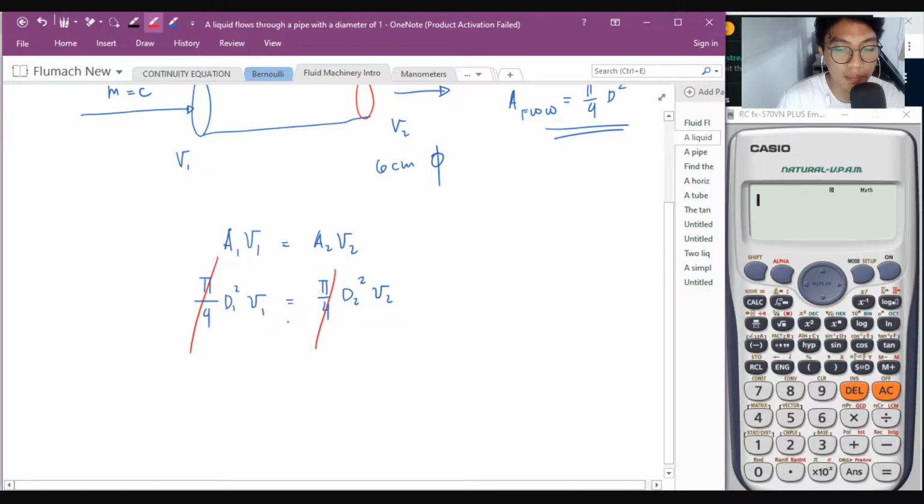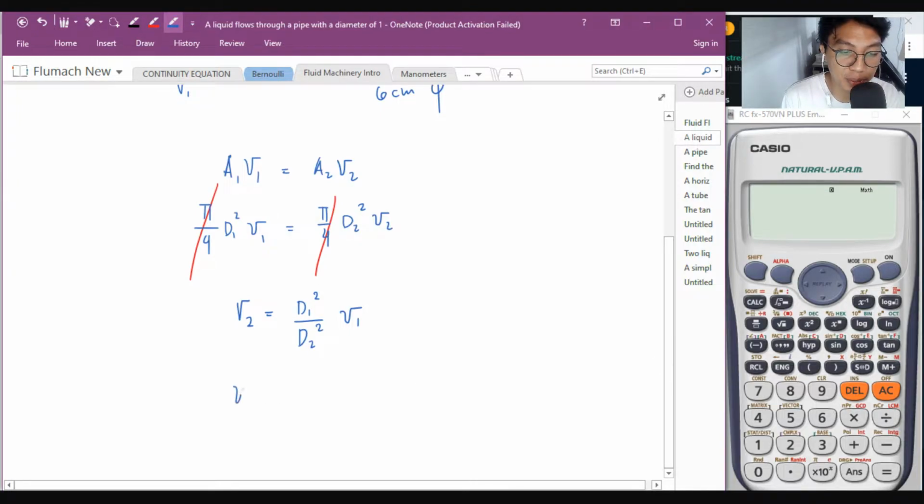Now, ang hinahanap natin dito is velocity 2. We will reform that. So, velocity 2 is equal to d1 squared over d2 squared, velocity 1. Mahanap na natin si velocity 2. So, velocity 2 is equal to d1.